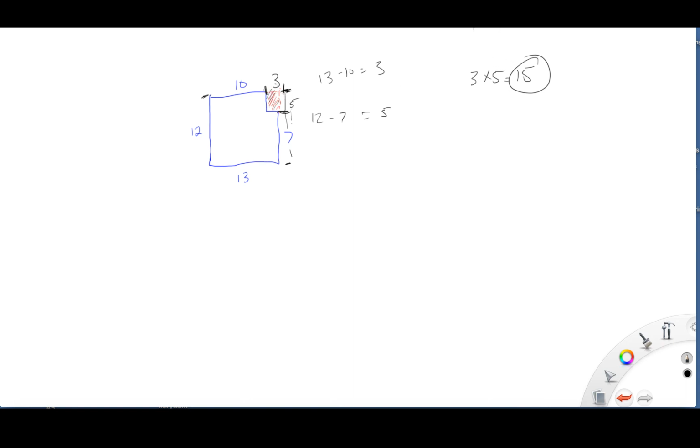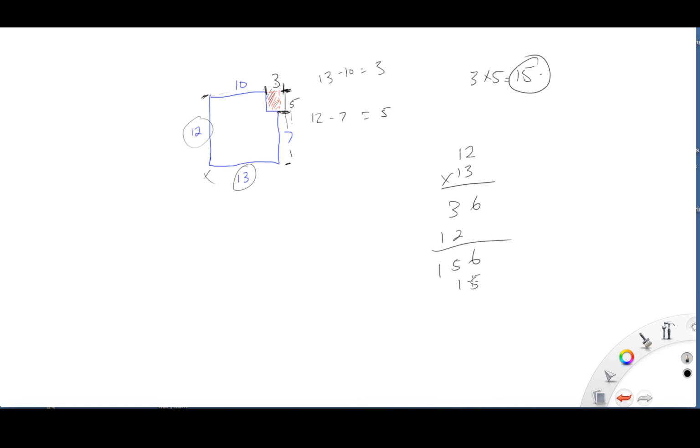Now we can find the area of the total thing. In other words, we can multiply 12 by 13 and we can get the entire thing, and then we're going to subtract this 15. So let's do the math here, and we note that it's 156.